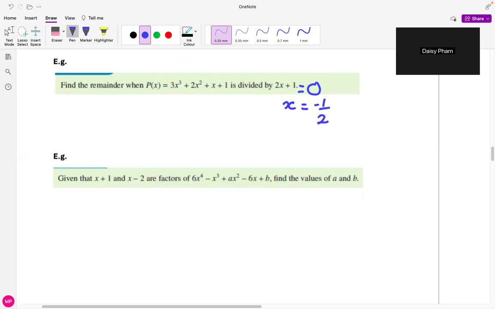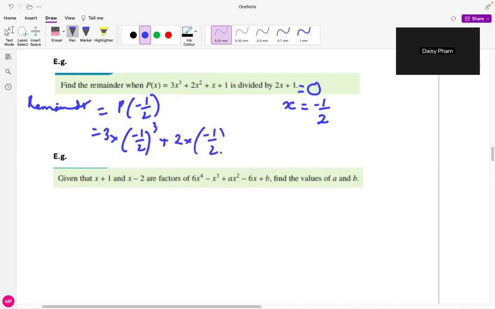As I said, to find the remainder, you just substitute negative 1/2 for x. So the remainder equals p of negative 1/2, and we sub that in. We have 3 times negative 1/2 cubed plus 2 times negative 1/2 squared plus negative 1/2 plus 1, and we just need to work out what that is.